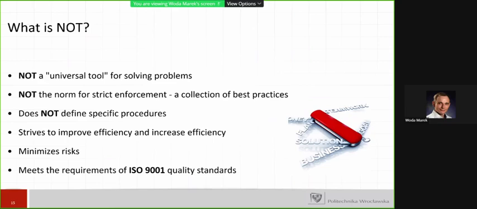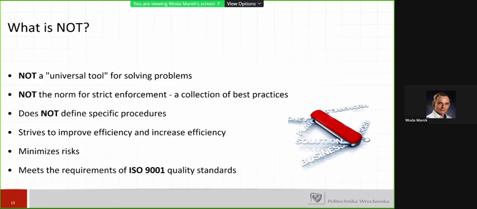It can point out how we can improve in various areas. However, if we think it will be a magic wand that changes everything with one touch, that's not true.